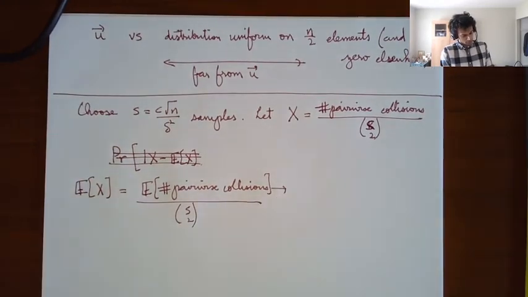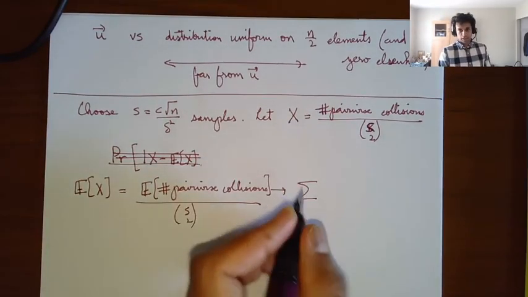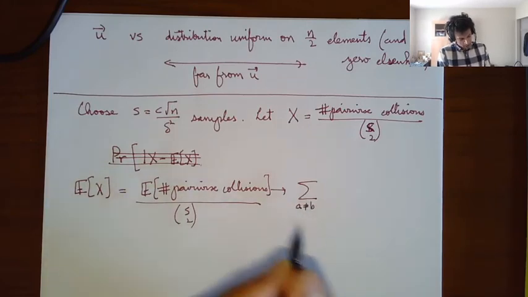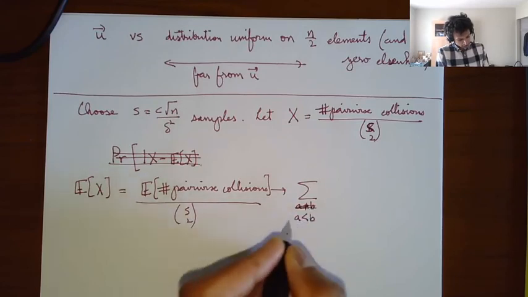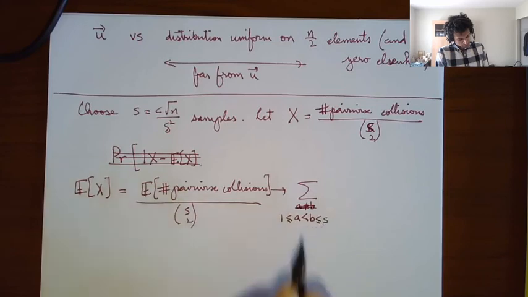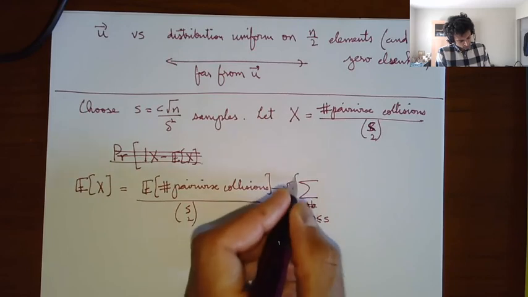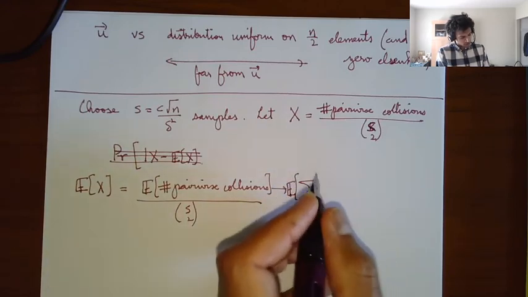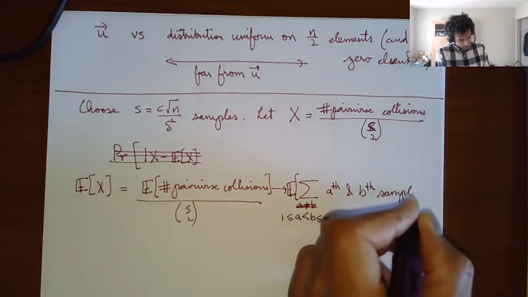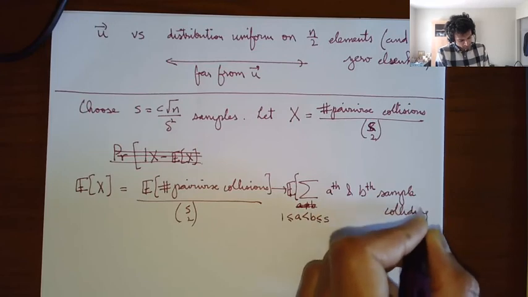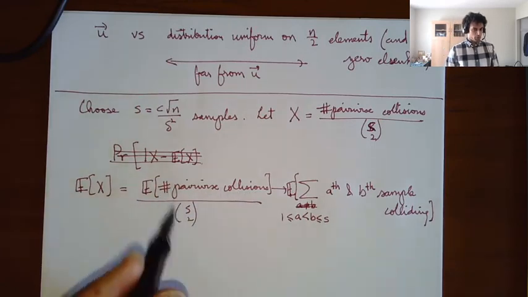Let me just take the numerator. I'm going to use A and B to index samples, so A less than B, of the expectation of the Ath and Bth sample colliding. I'm just breaking up the number of pairwise collisions into the individual pairs.